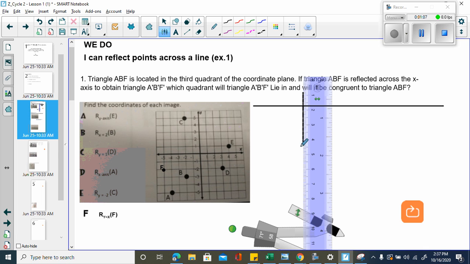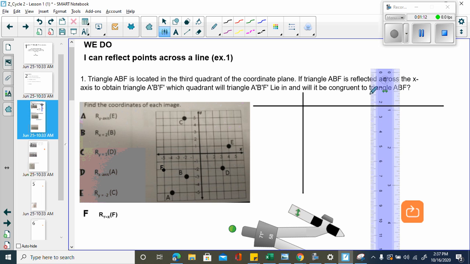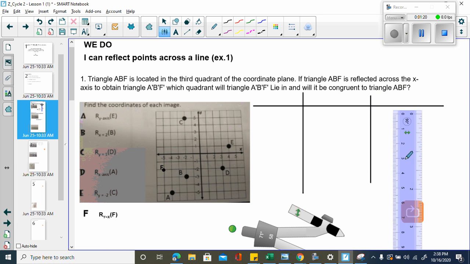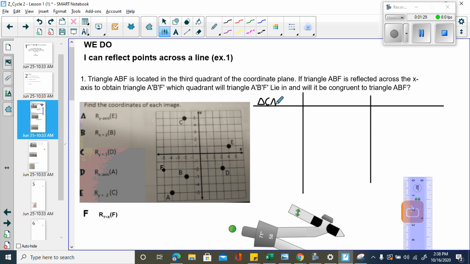So I'll make this first column, and I'll make this second column. In that first column will go my triangle ABC coordinates, or ABF.